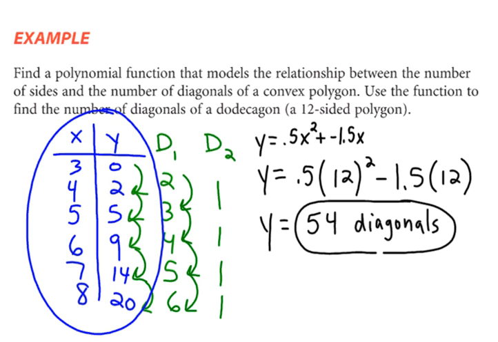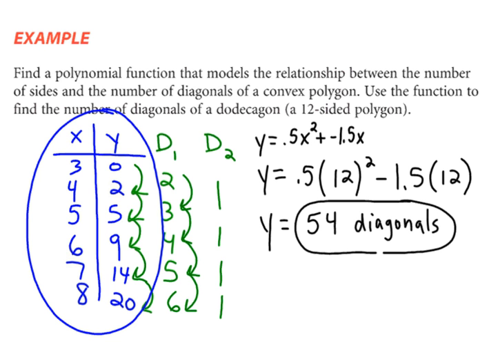So this is an example of how using finite differences led us to understand what degree polynomial function we would use, which allowed us to then use the appropriate function on the calculator, quadratic regression, to get our polynomial function.